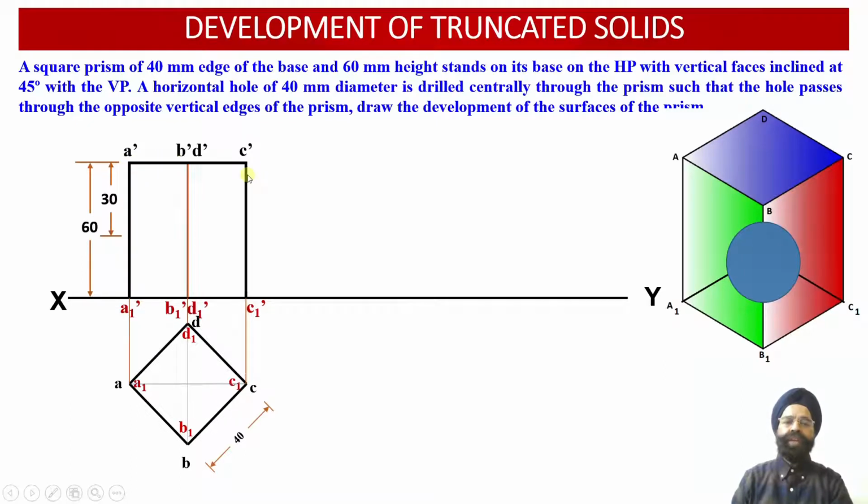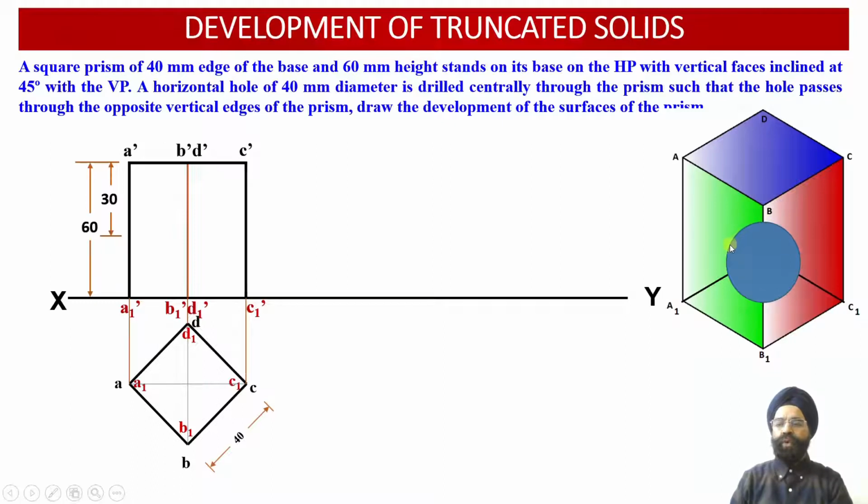So now we know that in this front view projections, we haven't darkened these vertical edges, that is B dash, B1 dash and D dash, D1 dash over here, while we have darkened the outer edges of the square prism. The reason behind this is because this prism is going to be cut by a section plane which will be circular in nature.